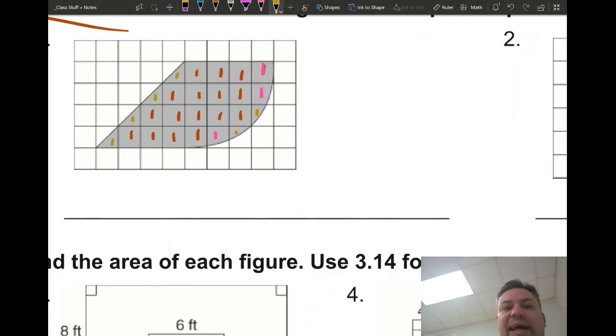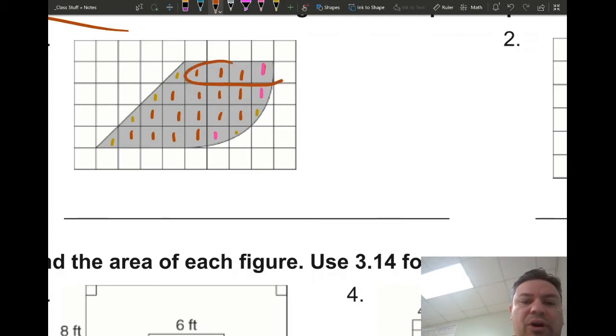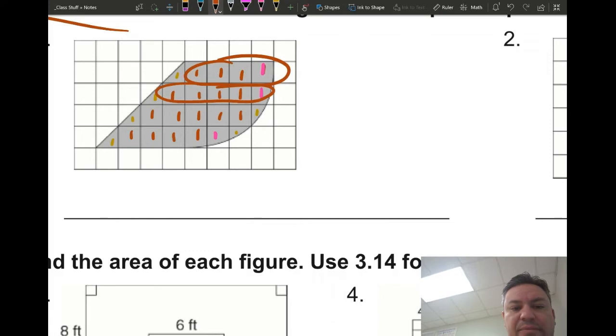And then I'm gonna count everything. So on the orange ones, I have 1, 2, oh, let's count all the whole ones. I have 4 right there. How many right here? 5, that's 9. 10, 11, 12, 13, 14, 15, 16, 17, 18, 19.